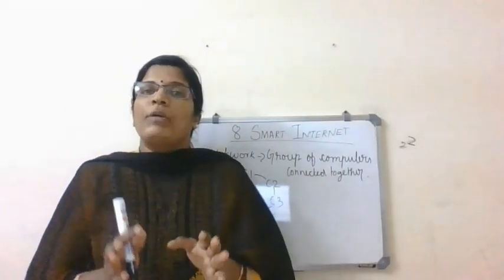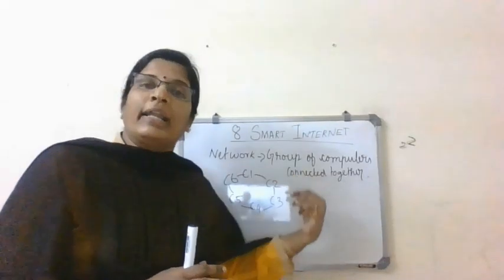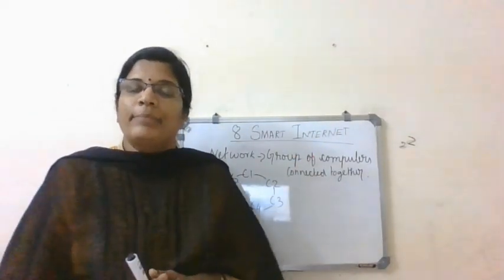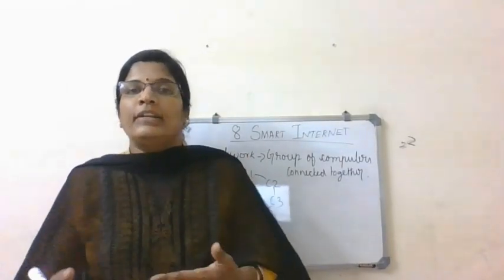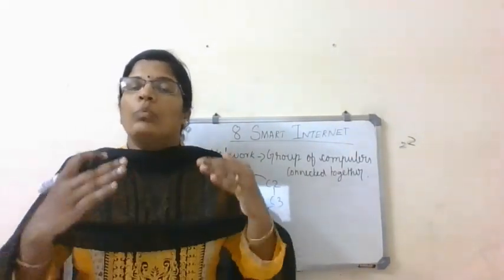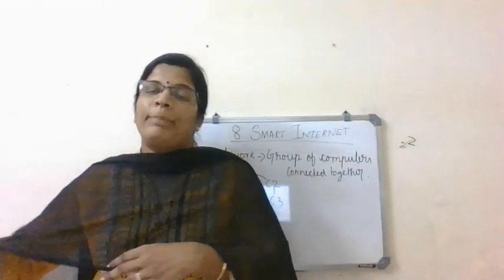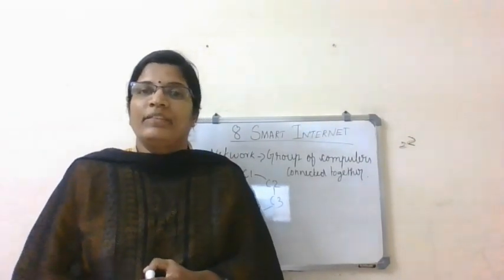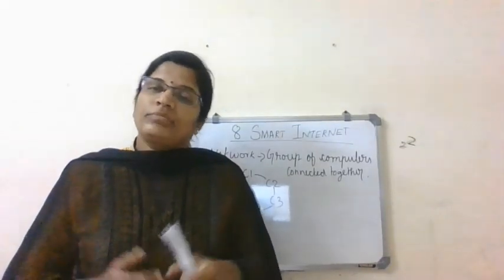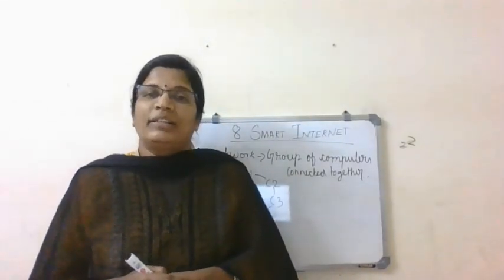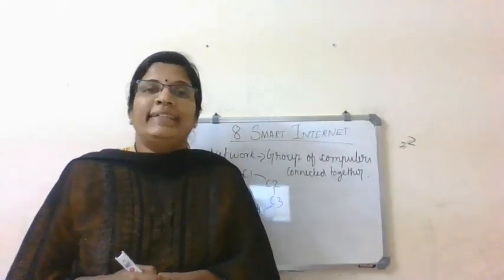The first type of network came with connecting computers within a building. Then when it was successful, they started connecting computers from one place to another place in the same city. That was called a metropolitan network.